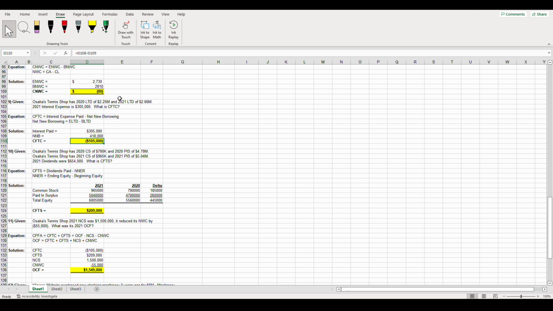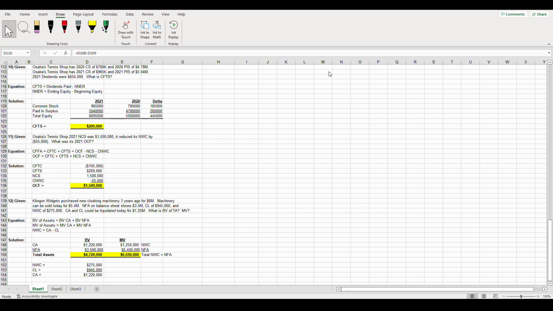And to calculate my cash flow to creditors, I take interest paid, cell D108 minus cell D109, and I get a cash flow to creditors of negative $105,000. And there are your answers to problem number 9.